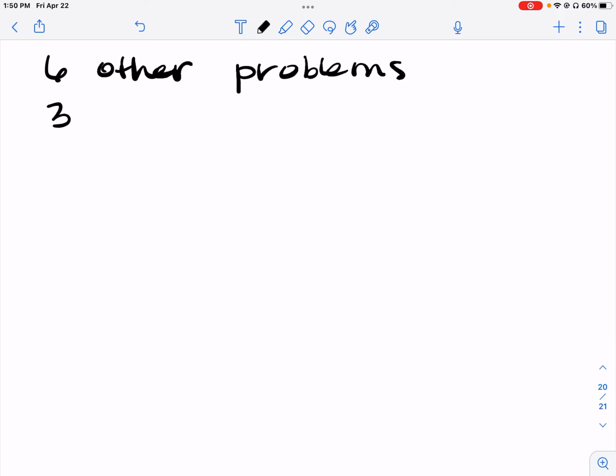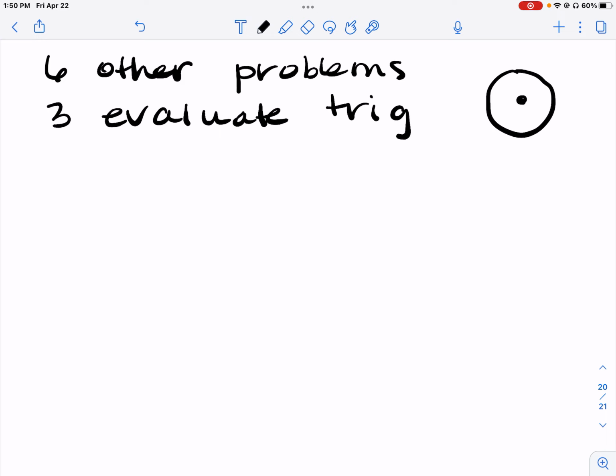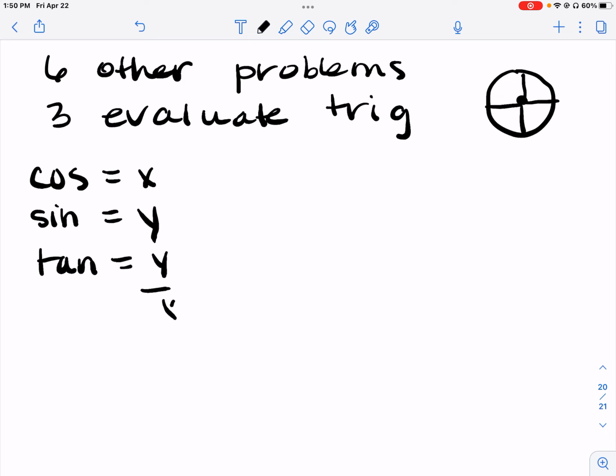Okay. 3 are evaluating trig, which means you need to be able to create that whole circle. You need to know that the cosine is x, sine equals y, tangent equals y over x.